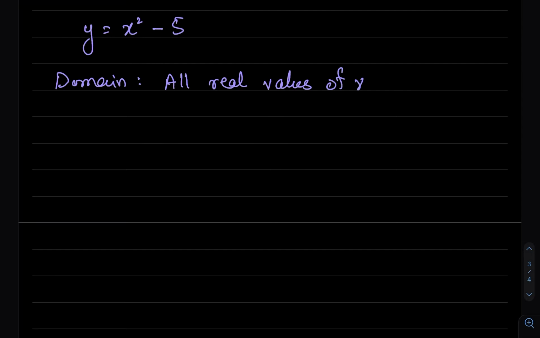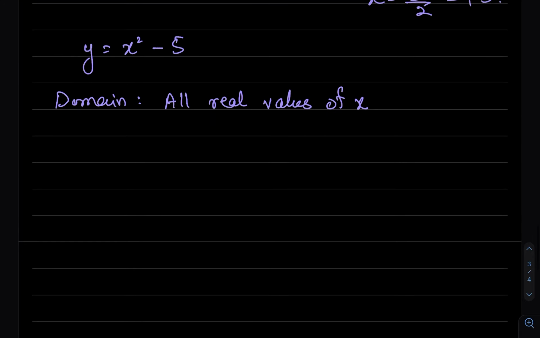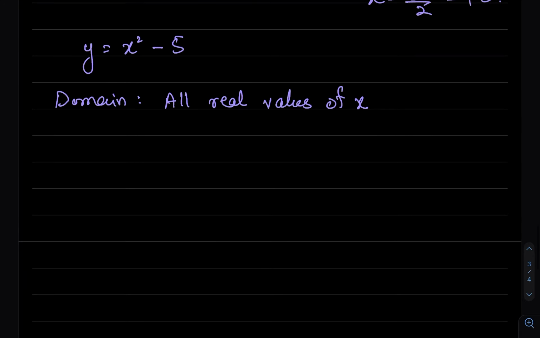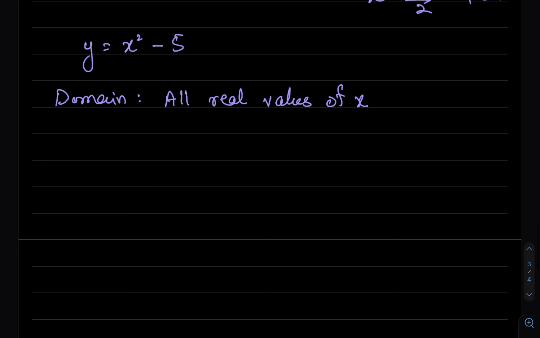What are real numbers? I'll post a video on that, but real numbers are basically the set of rational numbers and irrational numbers. Now you must know what those are, guys. You're in AS level, come on, or O level, you should also know what that is. All real values of x, or the way I like to write it and other mathematicians like to write it, is x belongs to R. This is a prettier way to write it.